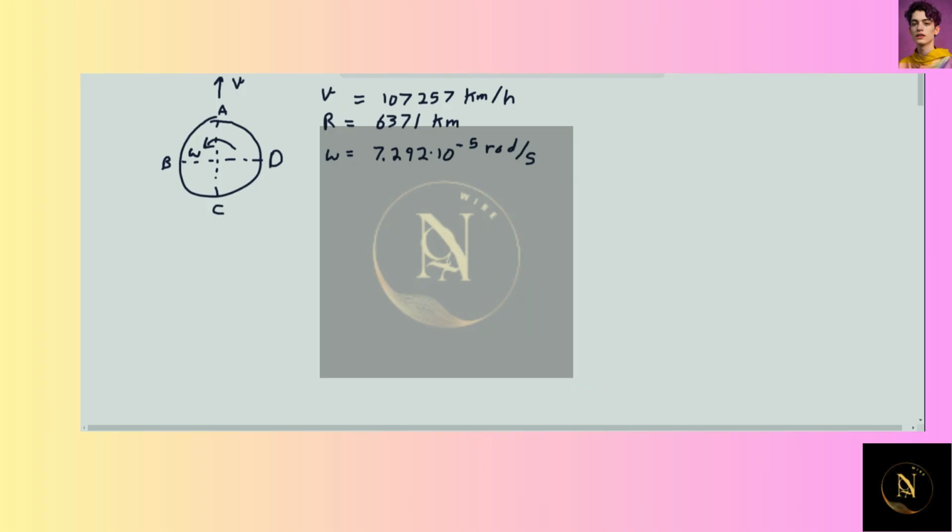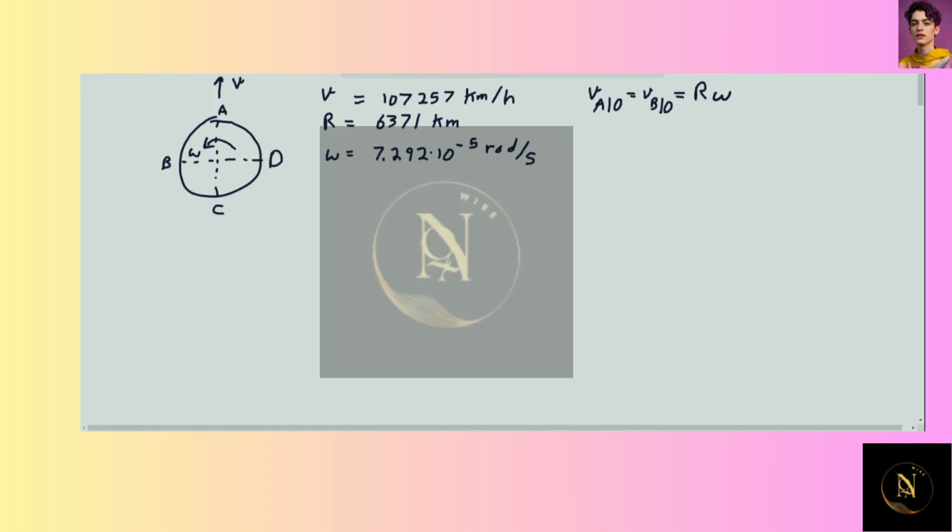So we know that the magnitudes of each of these velocities, A with respect to O, will all be equal. I'm just going to write two of them right here, but they're all the same. That's just going to be the radius times omega.